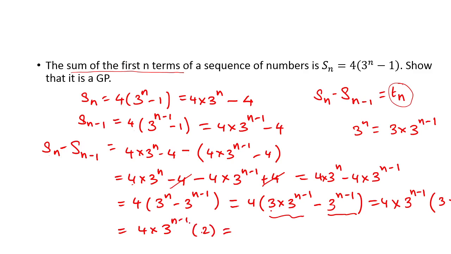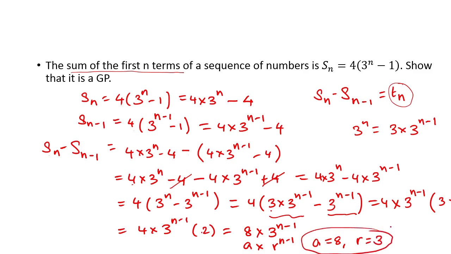So this 2 into 4 is 8 into 3 raised to n minus 1. So what I got is Sn minus Sn minus 1 is 8 into 3 raised to n minus 1. If you compare with the general form a into r raised to n minus 1, we can very well prove that this is a geometric progression with a equal to 8 and r equal to 3.